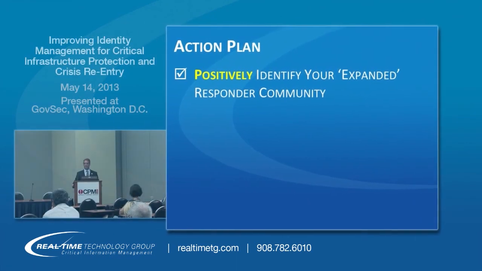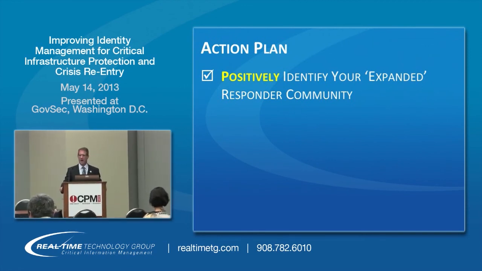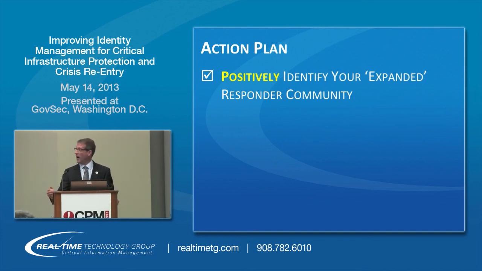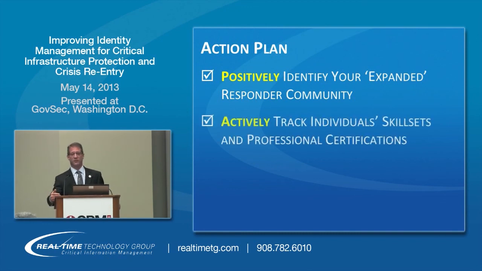Because we let the cleaning people in there at night when we're all gone. We give them access to our desks and our files and our HVAC systems, our mechanical systems that support our facilities. You have to positively identify the community that works for you. You need to actively track their skill sets if they're environments where that's important.